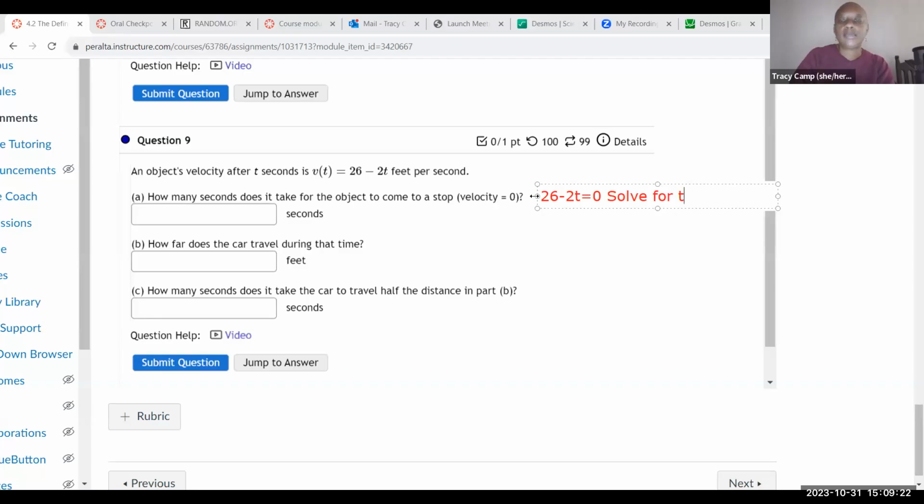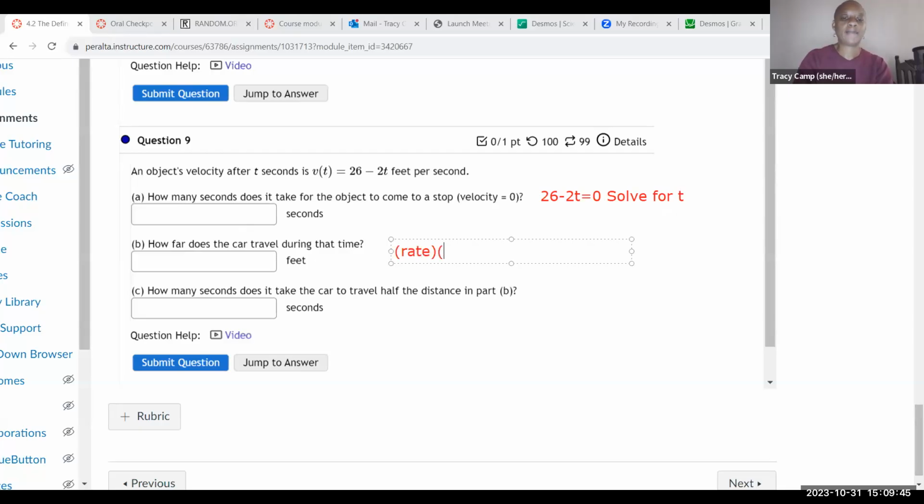But then, it looks like the answer is going to be 13, right? For part A. But then part B is asking you to deconstruct this formula right here.